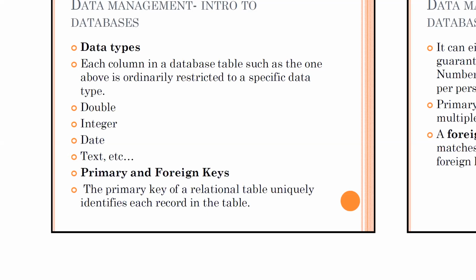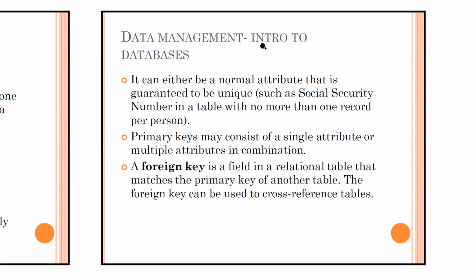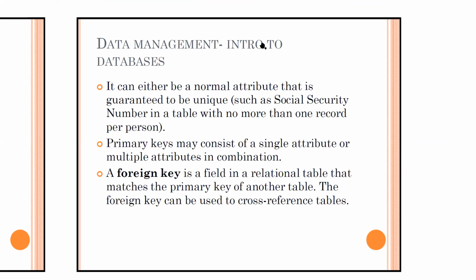So I hope you get it, but let's see if I can give you more examples. We can actually have a normal attribute, social security number as an example, or we can even combine different columns and have a primary key.